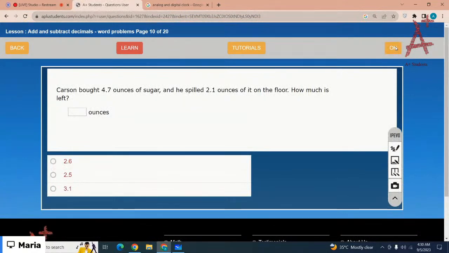Okay, Carson bought 4.7 ounces of sugar and he spilled 2.1 ounces of it on the floor. How much sugar is left?